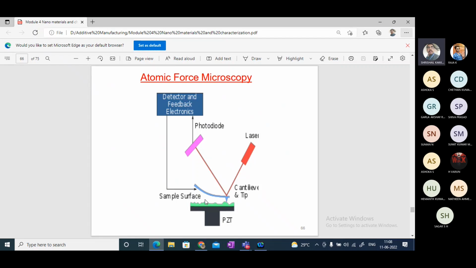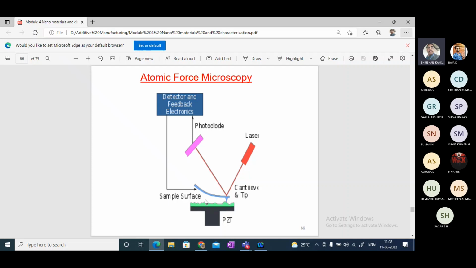The sensitivity of the output readings will totally depend on the tip or the probe of the atomic force microscope. Another thing: the surface need not be treated. It is not required to prepare the surface for the sample. Sample preparation is not required.